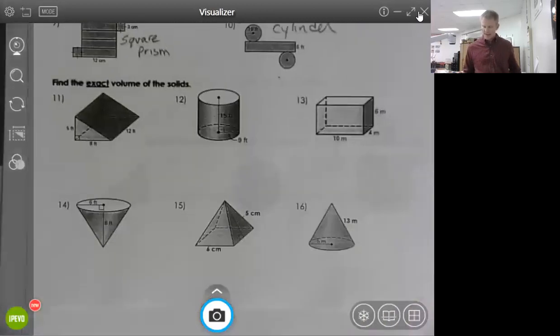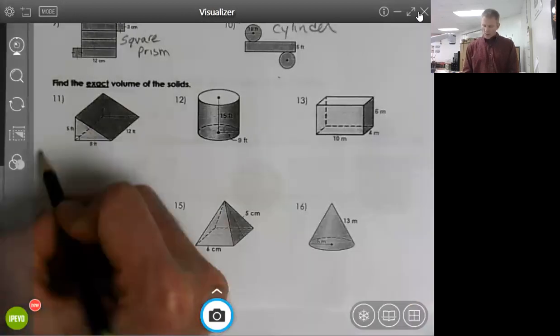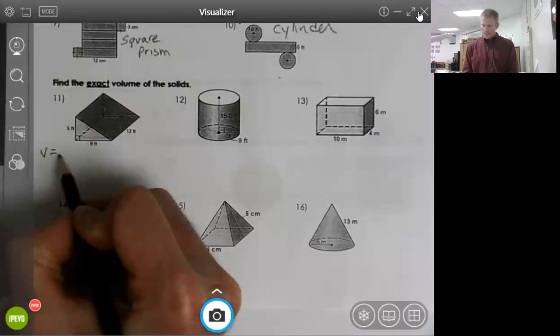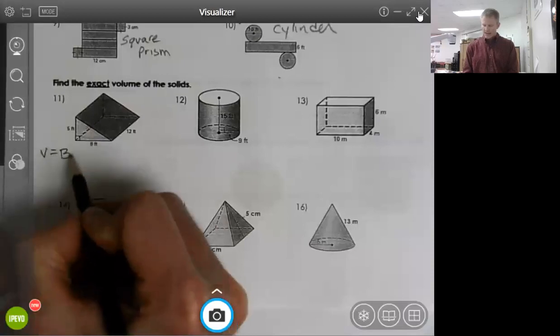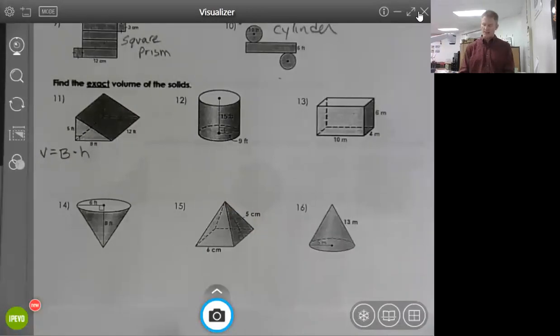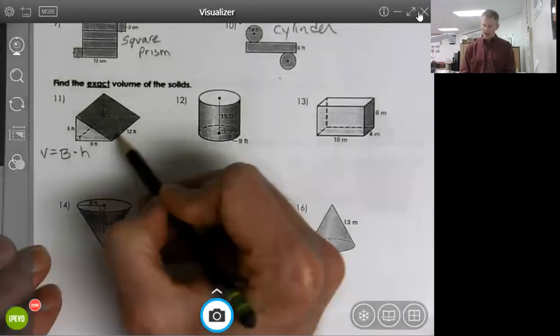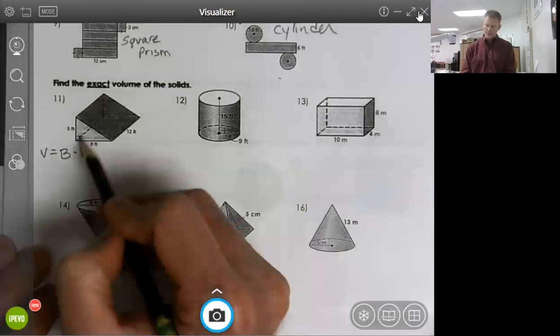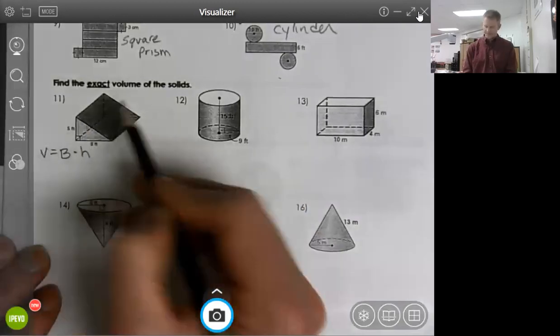To calculate the volume, we need to know the base and we need to times that by the height. Now the height is the distance between the bases. Our bases are triangles. We have a base in front, we have a base in back.